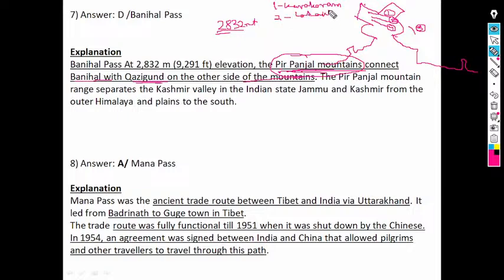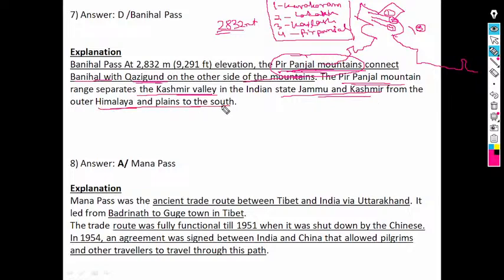The Pir Panjal mountain ranges separate the Kashmir Valley in the Indian state of Jammu and Kashmir from the outer Himalaya and plains to the south, particularly, and plains to the south.